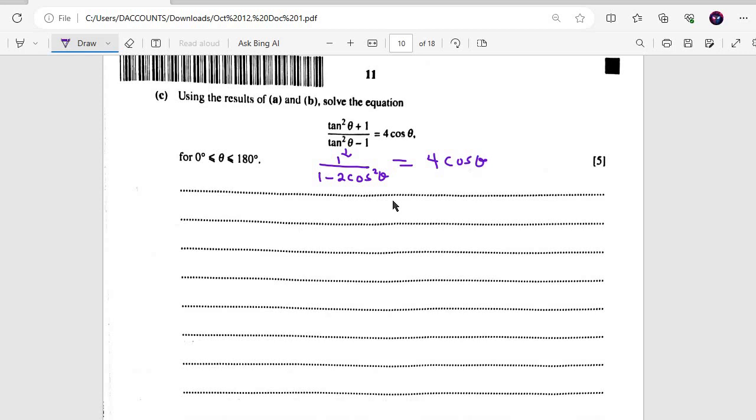In maths, when you have a fraction equal to a whole number or fraction equal to fraction, you cross multiply. This is over 1. So we have 4 cos theta into bracket 1 minus 2 cos squared theta equal to 1.